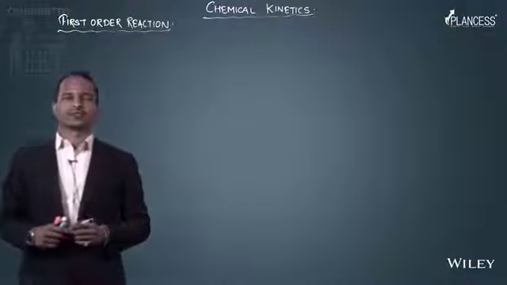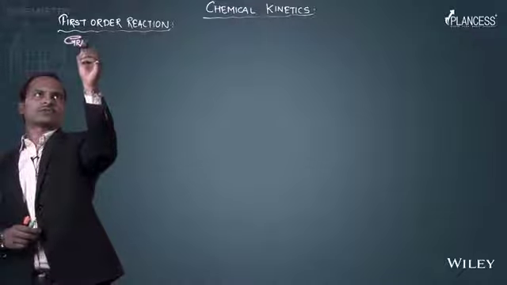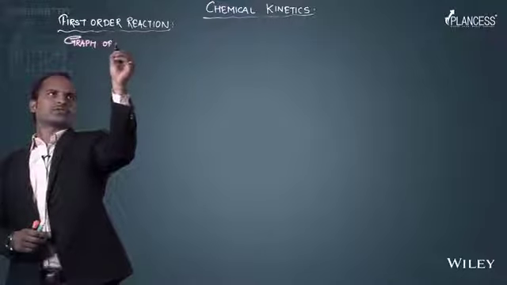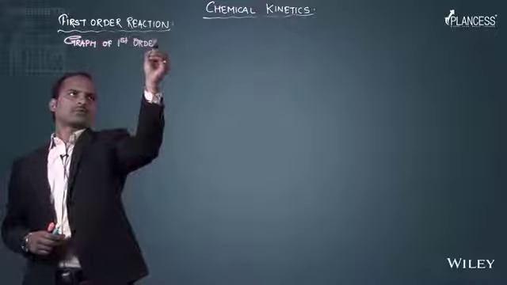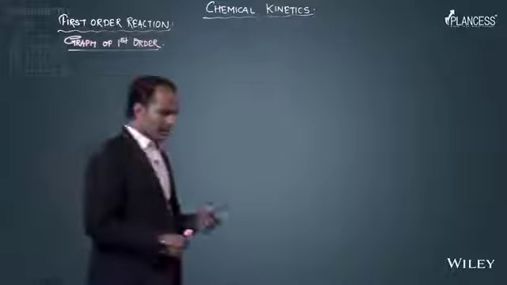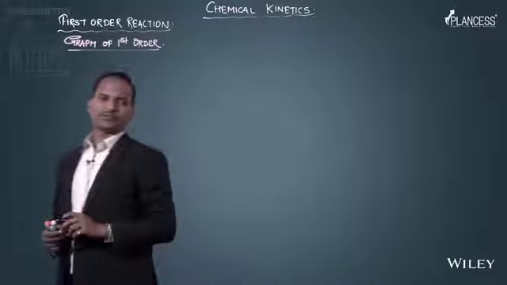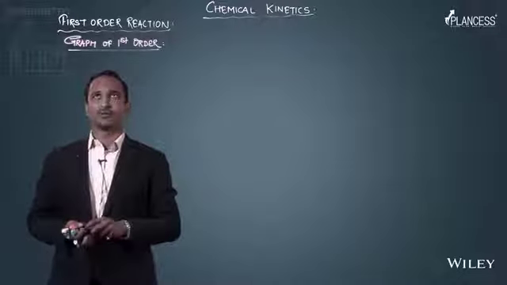The next is the graph for the first order reaction. Like a zero order, we have a graph of first order also. Again, from the nature of the graph, we can say whether the reaction is a first order or not. So we have certain graphs for this.